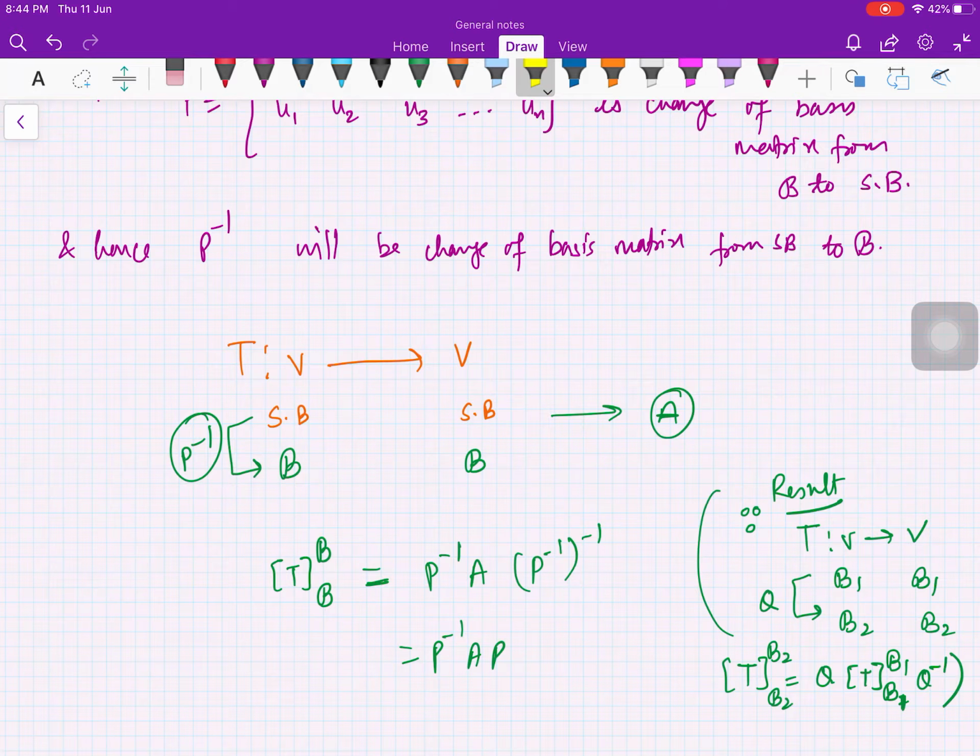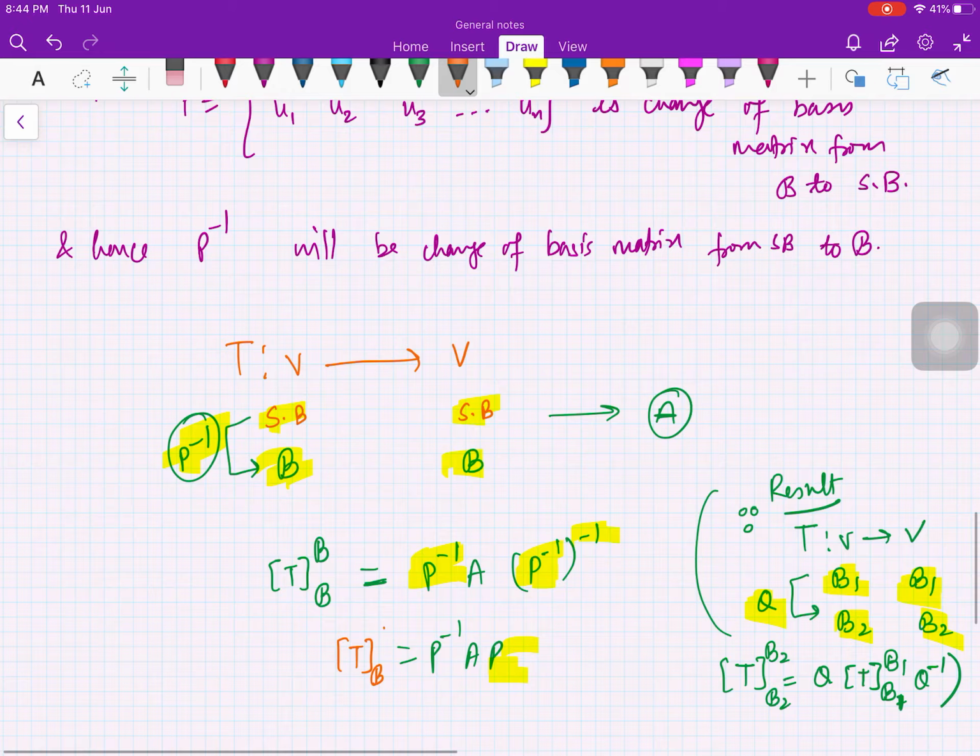This is the result we have. Now here, instead of beta 1 you have the standard basis, and instead of beta 2 you have beta, and this matrix Q is P inverse. So here you have Q and then Q inverse, that will give you P. So this is the relation.